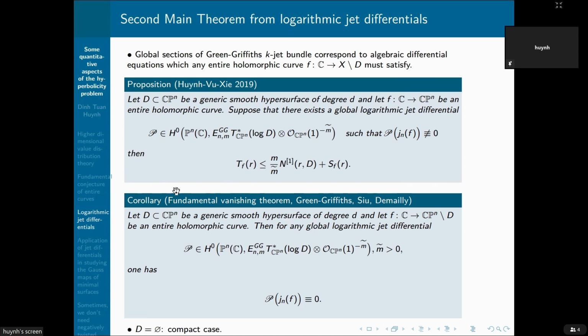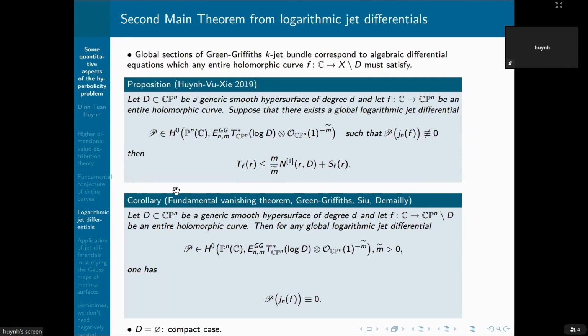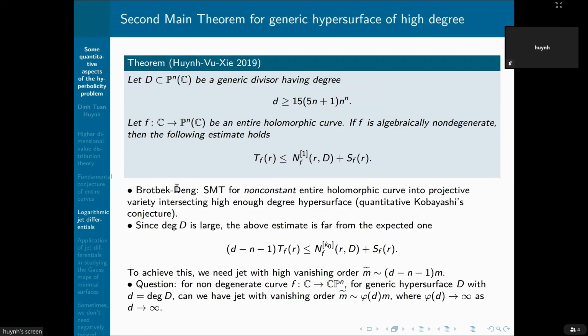And in the case where this is empty, you are in the compact case. So from the quantitative version of the fundamental vanishing theorem, lastly, the technique on the hyperbolicity problem, the Green-Griffiths conjecture, can give you not only qualitative but also quantitative results. So if you have a good jet differential form, from that you can deduce a second main theorem.